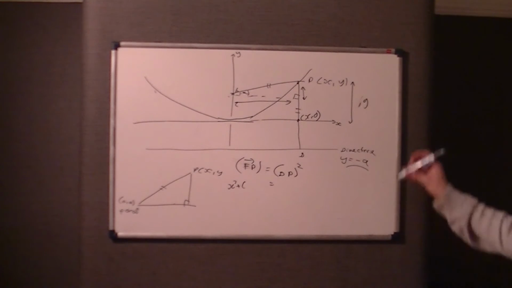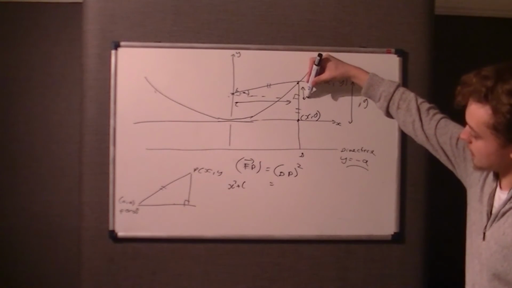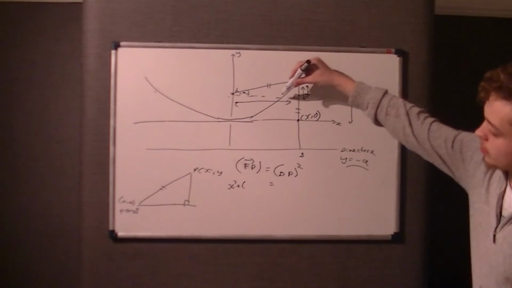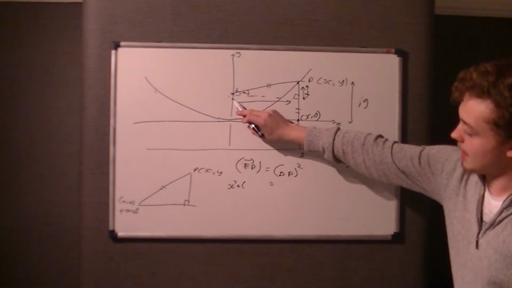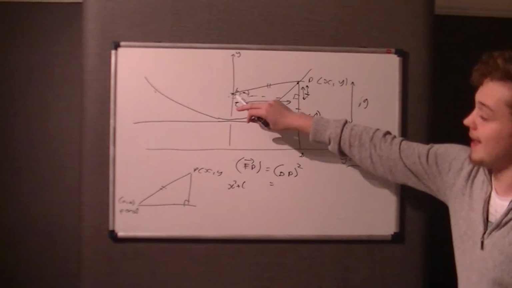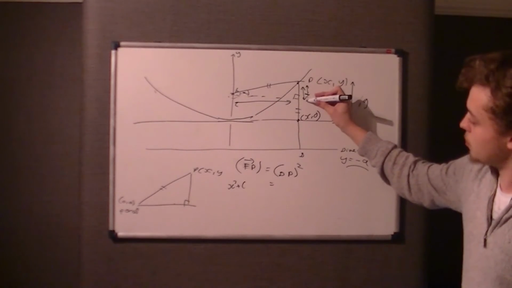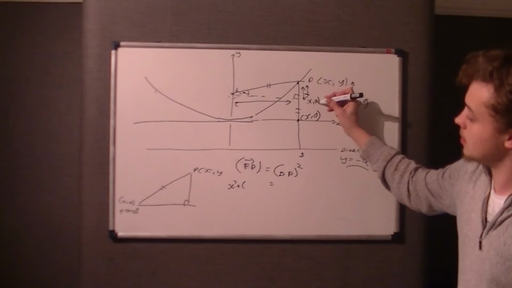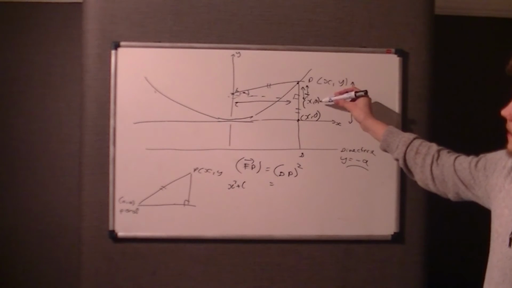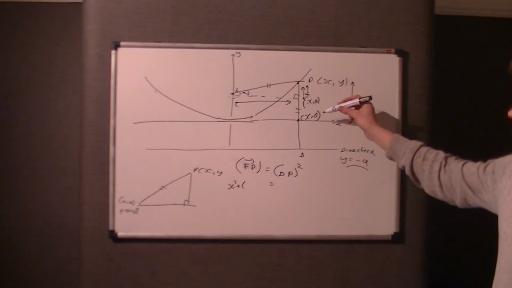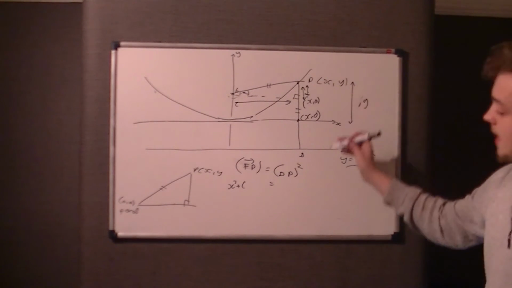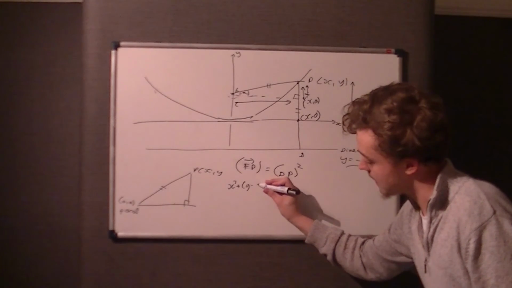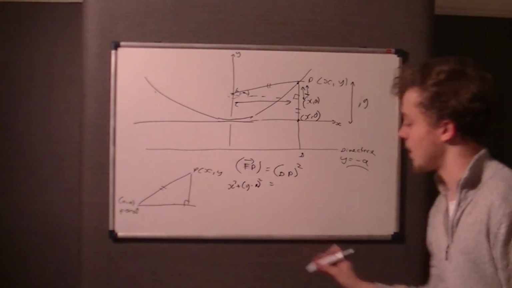But all we want is this little point here. Now if we look across, that's got a y coordinate a, so therefore at this point this is x, a. So between x, a and x, y we have a distance in the y coordinates of y take a, so that's y take a all squared.